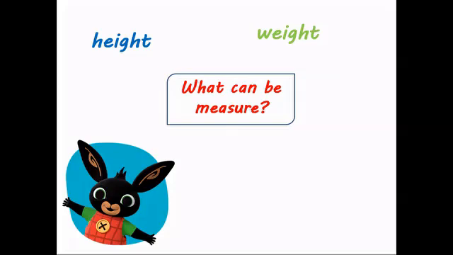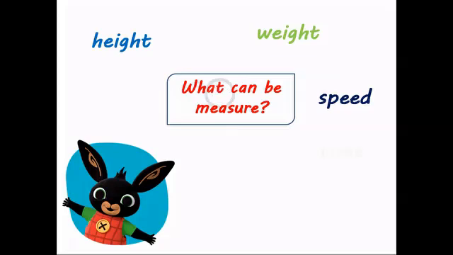Weight is berat in bahasa, and you can measure any object's weight. And next one is speed. Speed is kelajuan. You can measure the speed of your bicycle, the speed of your father's car, and also the speed of a MotoGP racer.